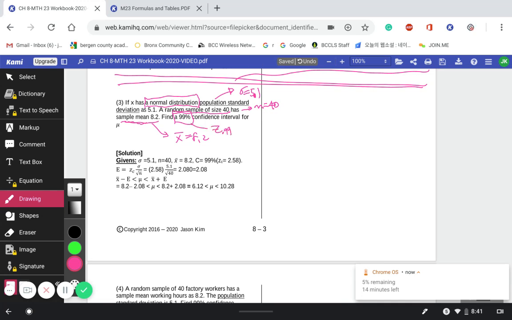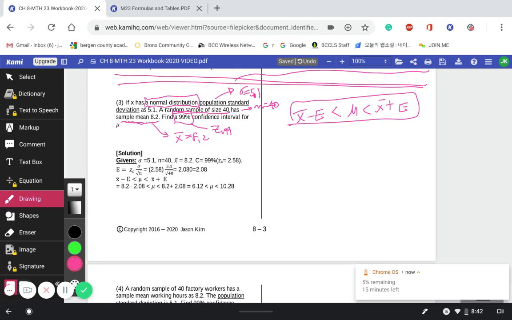By knowing that, to find the estimation, you have x bar plus margin of error and x bar minus margin of error.